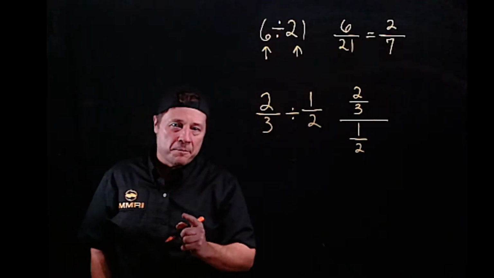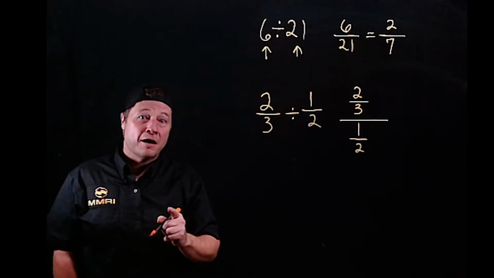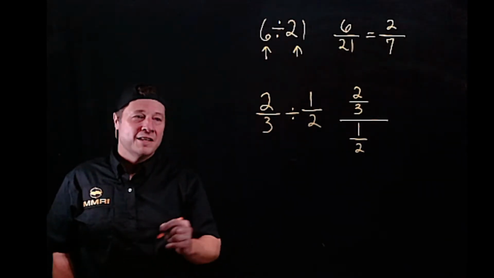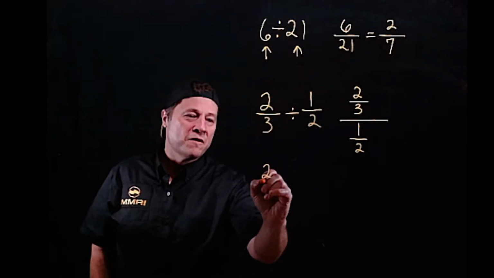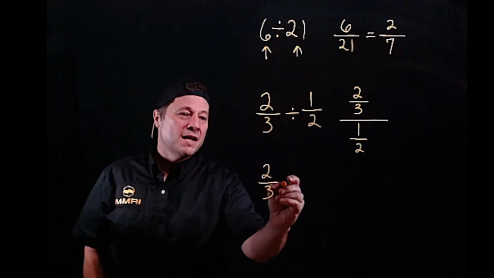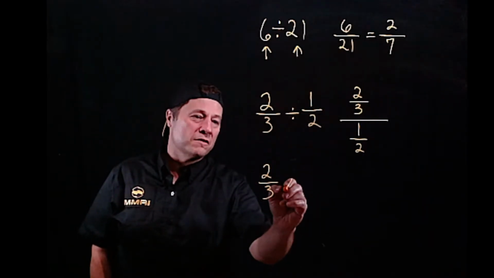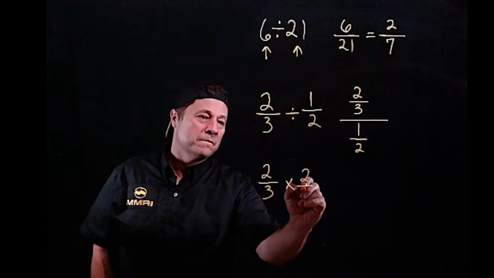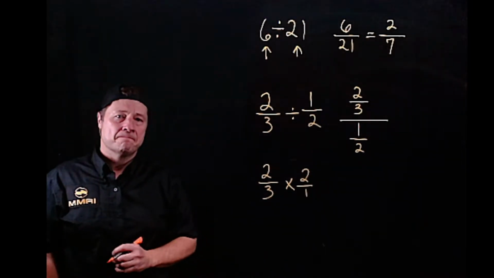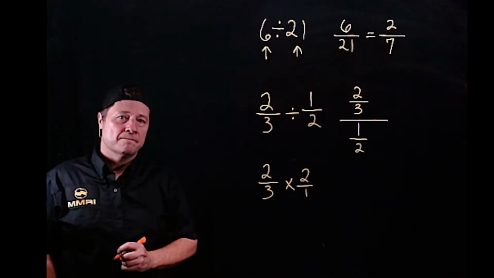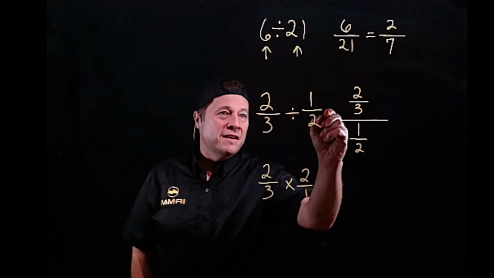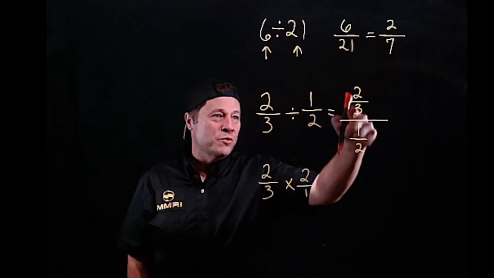But what did we learn about the division of fractions? We take our first fraction and then we write the reciprocal of the second fraction, right? So now this is rewritten like this.